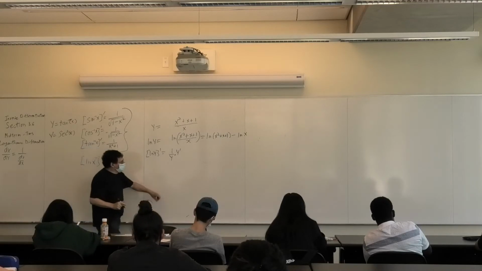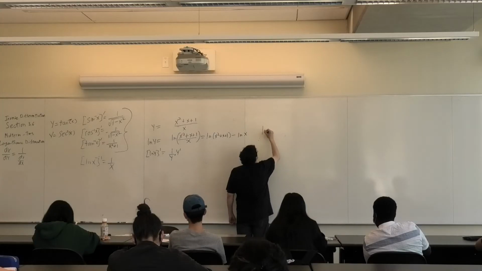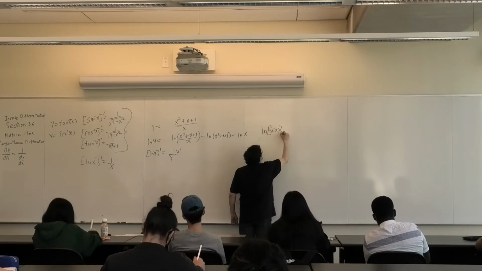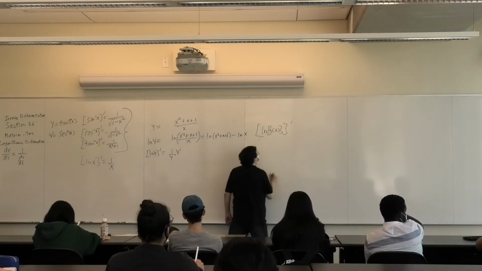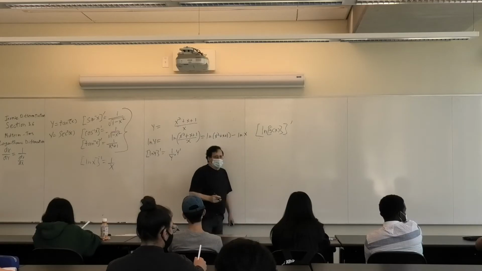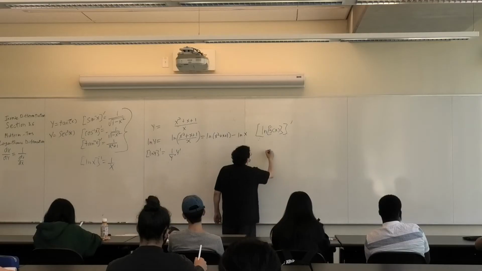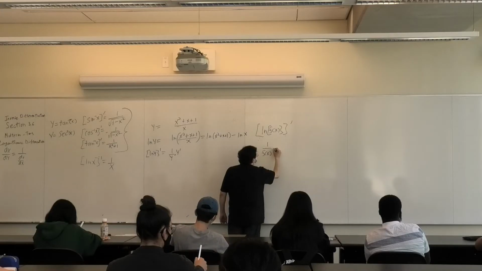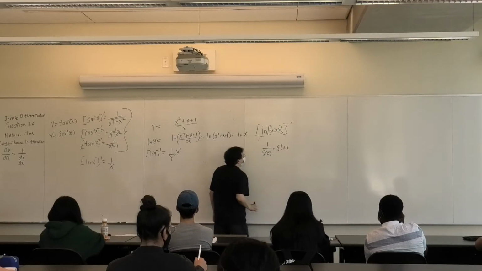I'm going to pause here for a second. If I have some function f of x, I want to find the log of it, and I want to find its derivative, I'm just going to use the chain rule. It's just going to be 1 over f of x times, the chain rule tells me, times the derivative of f of x.